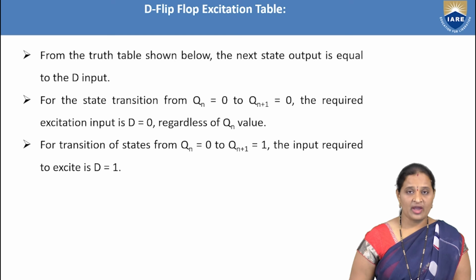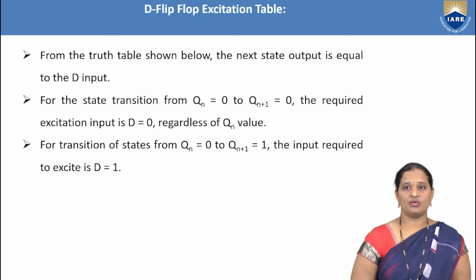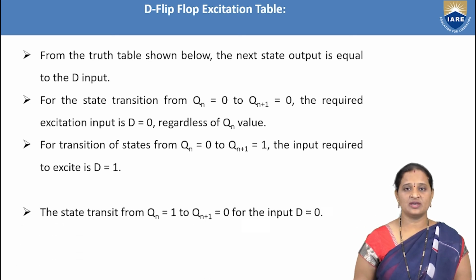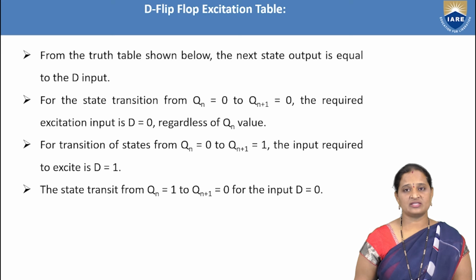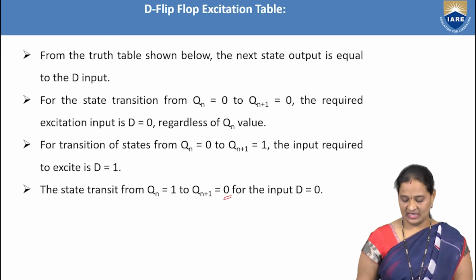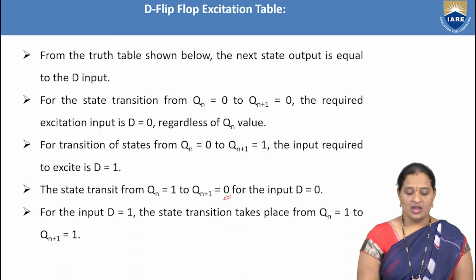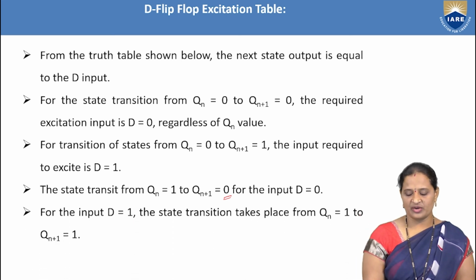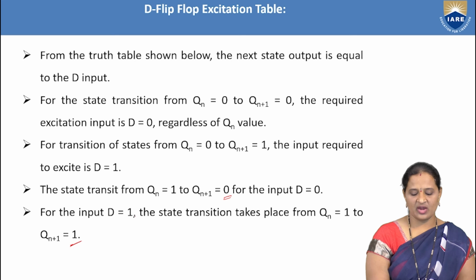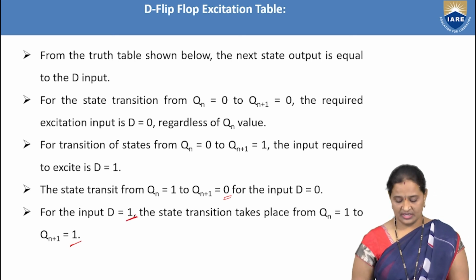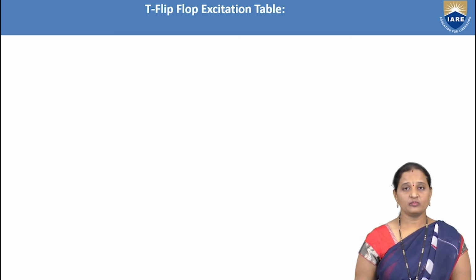Next, in order to have a transition from 0 to 1, the input given to the D flip-flop is 1. In order to have a transition from 1 to 0, as the next state is 0, D input must be considered as 0. To have a transition from 1 to 1, the next state is 1, and hence we need to consider the data input as 1.